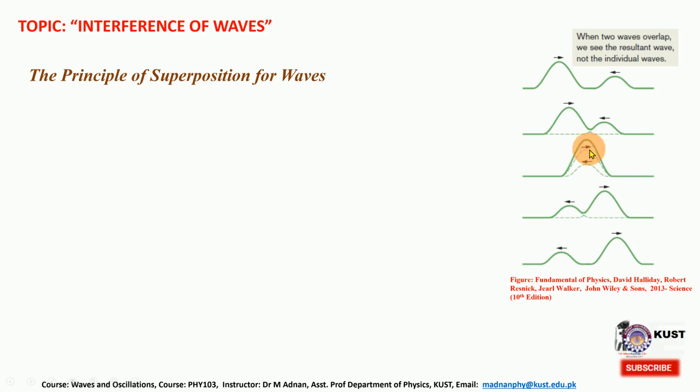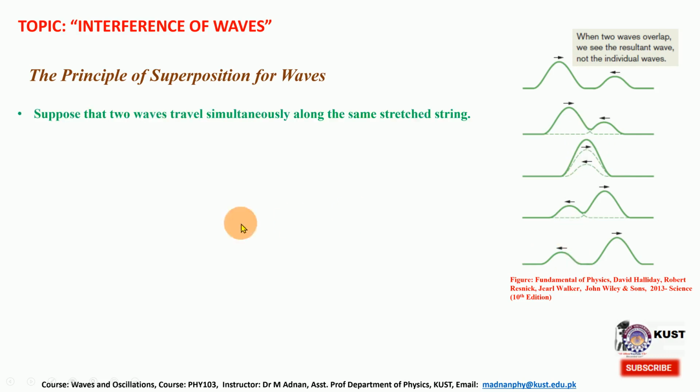This dashed line represents the amplitude of this approaching wave, and this dashed line represents the amplitude of this approaching wave at this point, and at this point they combine to give us a resultant wave.